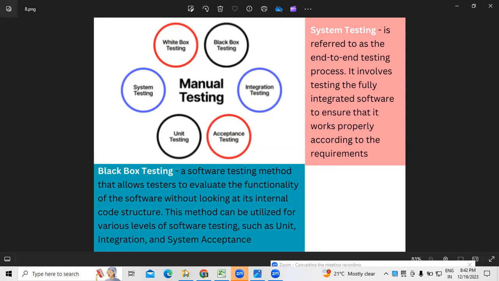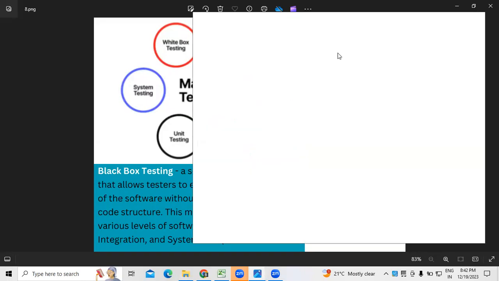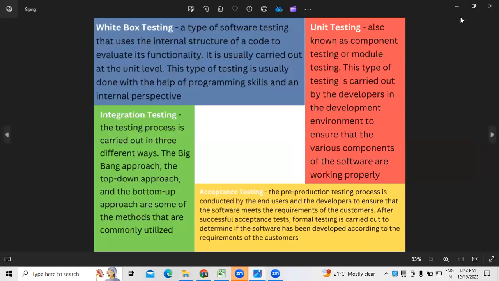Now, what is meant by white box and what is meant by black box testing, right? This is what we have to know. So let's understand what white box testing is first.